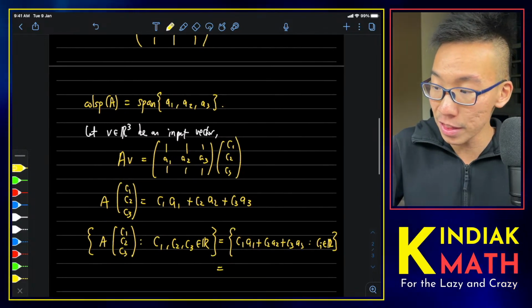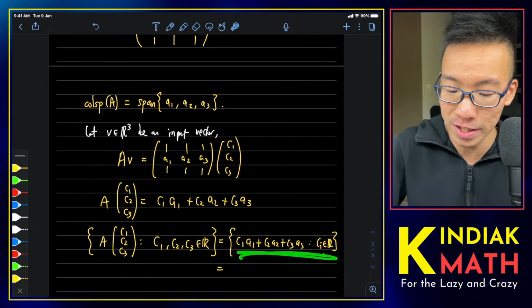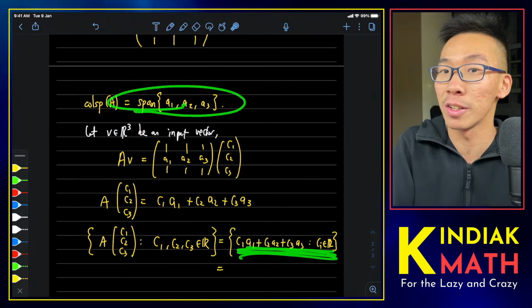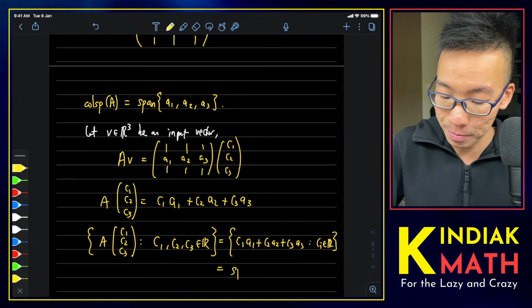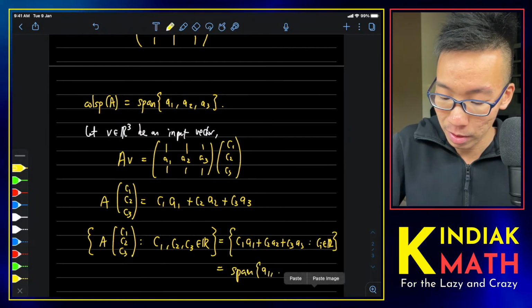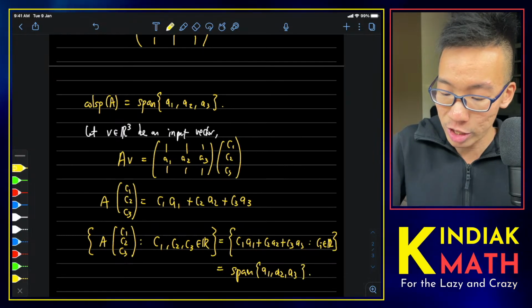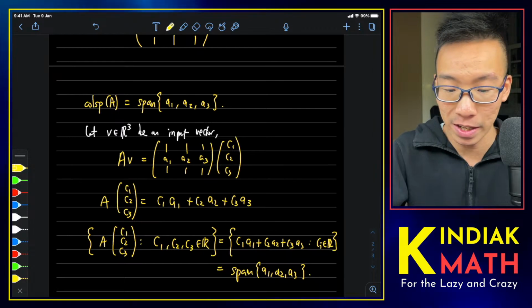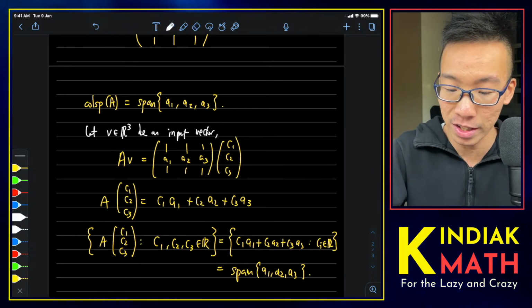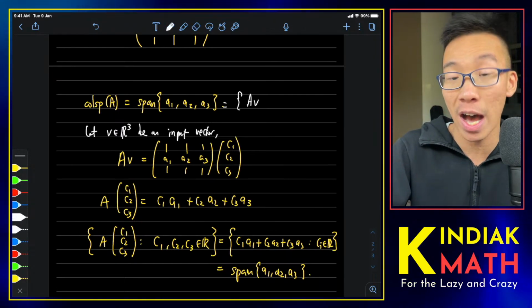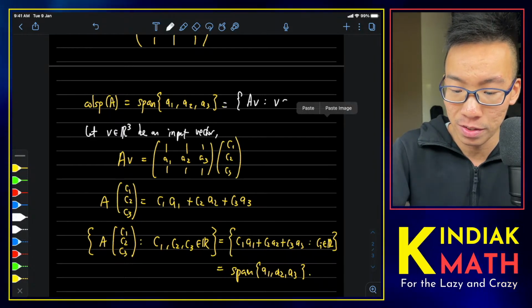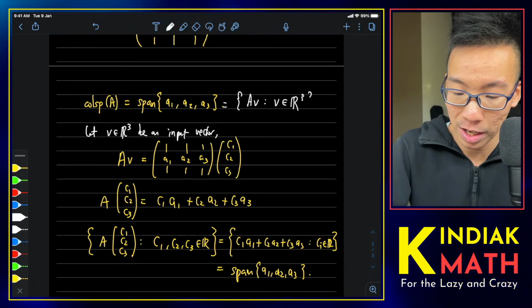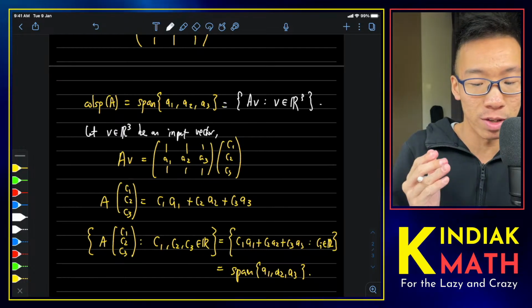But this is nothing more than the definition of the span of the columns. So it turns out you get this really amazing property that the column space of A can be thought of as essentially the collection of all the outputs under the transformation A. So that's a really useful idea.